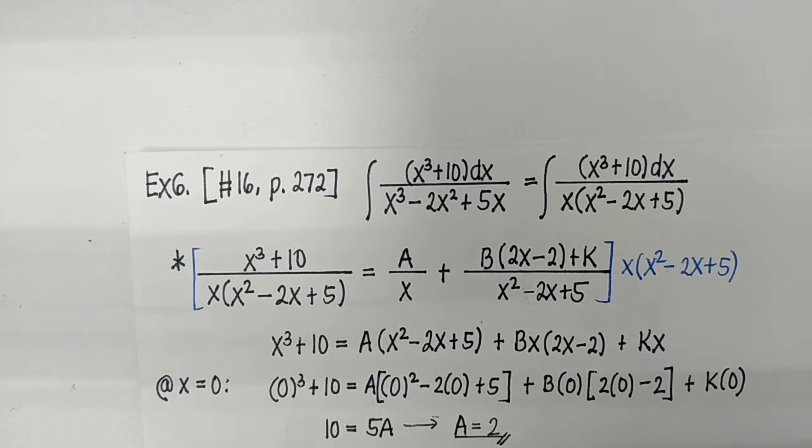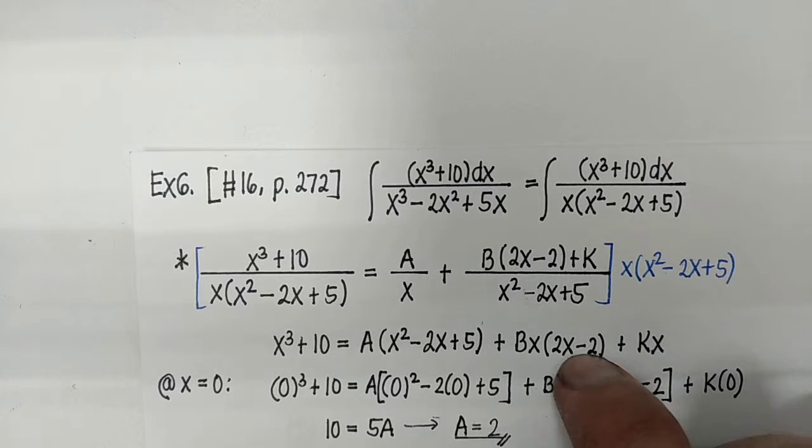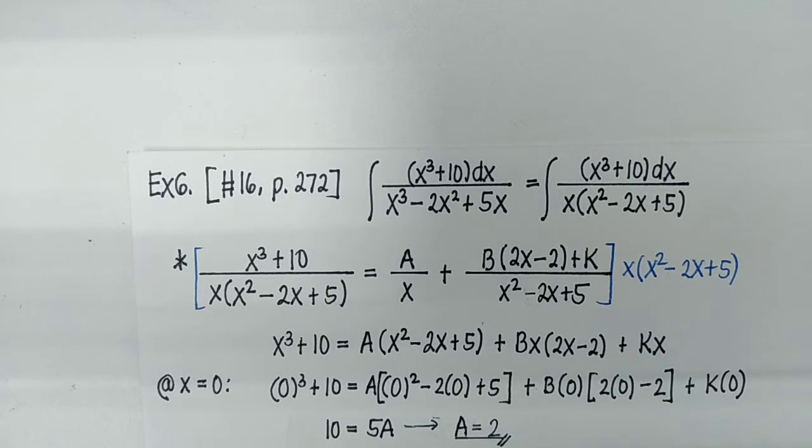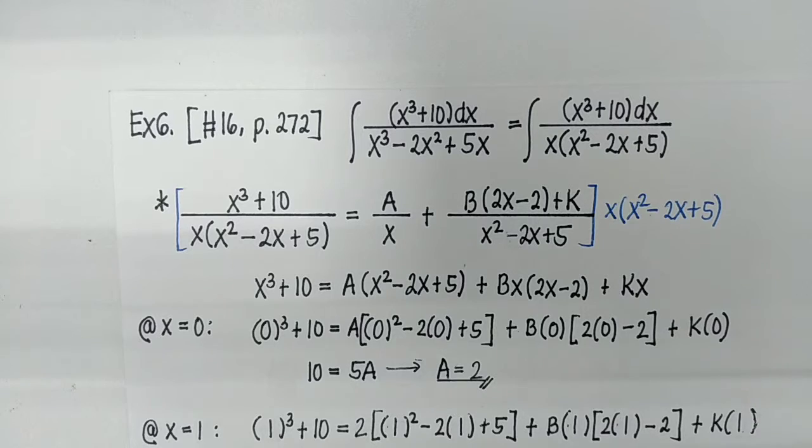Now let's assign yet another value of x. Let's say x equals 1. In that way, when x is equal to 1, our B term will disappear, since 2 times 1, that's 2, minus 2 will be equal to 0. So assigning x equals 1, you get the following expression.